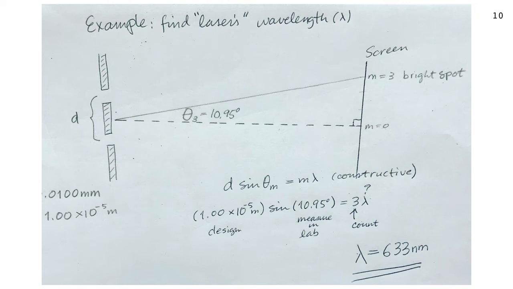So this one here is the one that we're using right now. 100 lines per millimeter. Okay, so you could definitely get m equals 3. And we'll darken the room with that one.